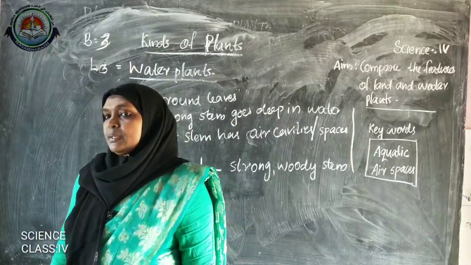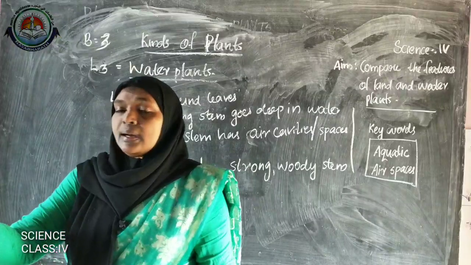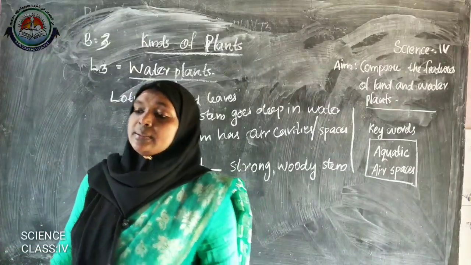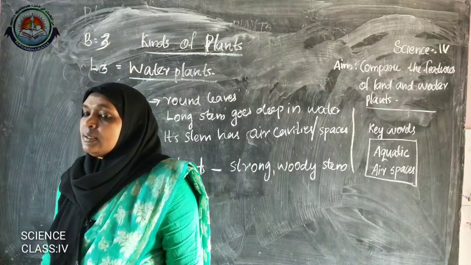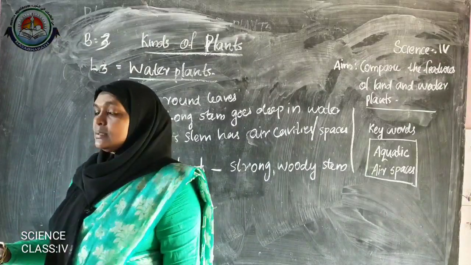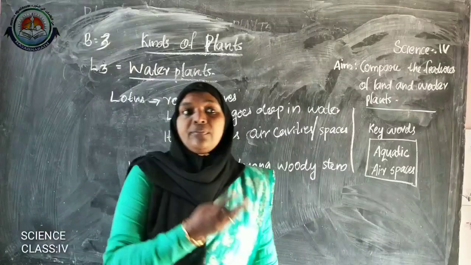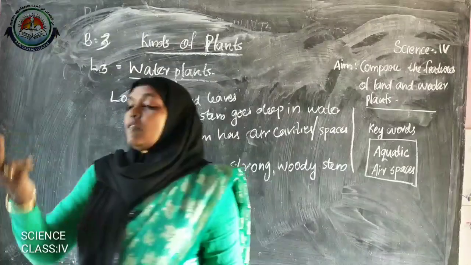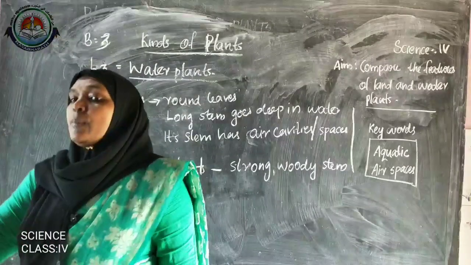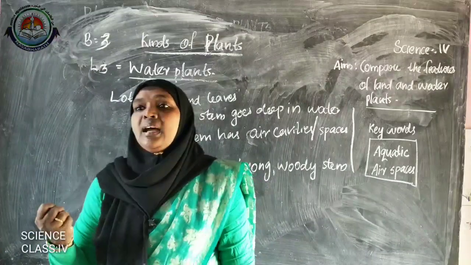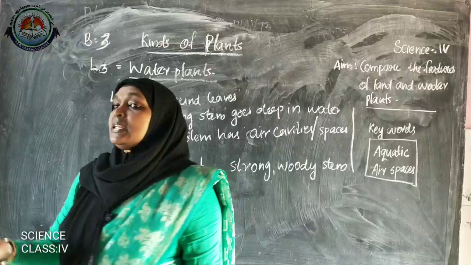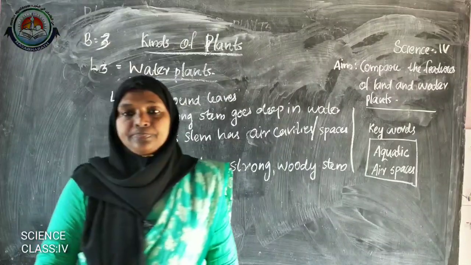Okay. Then can you name other water plants? Please give me some examples. Yes, duckweed, water lily, pondweed, water hyacinth are the common plants that live in water.